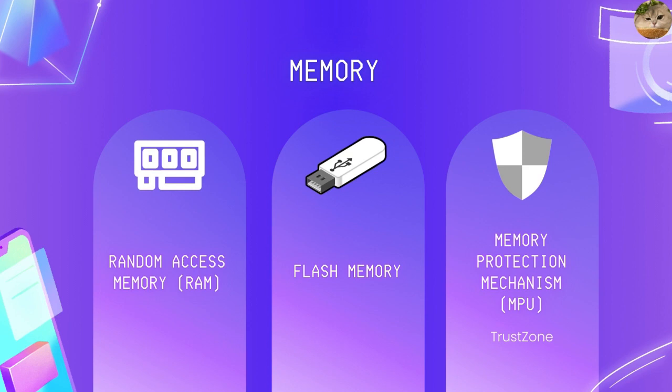In the case of the covered system, the MPU allows developers to define memory regions with specific access permissions, such as read-only or no access, providing granular control over memory access rights.